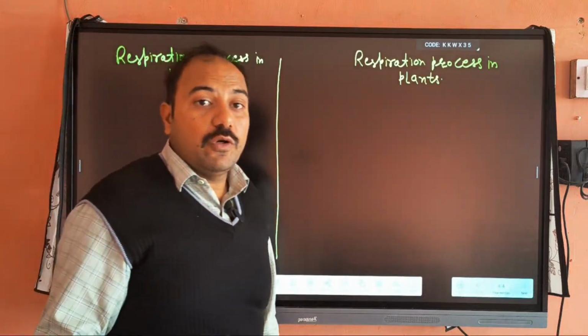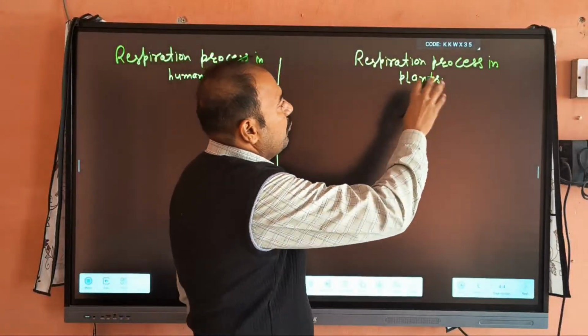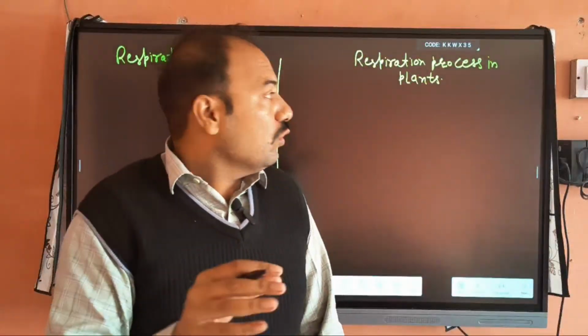Basically, in both processes we take oxygen. Animals and humans take oxygen, and respiration in plants also takes oxygen.